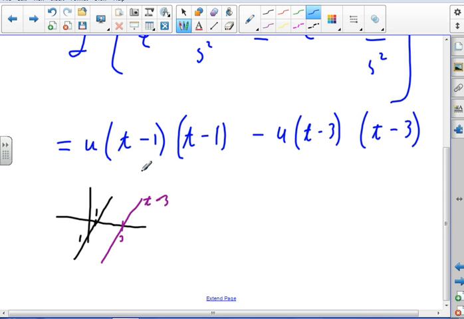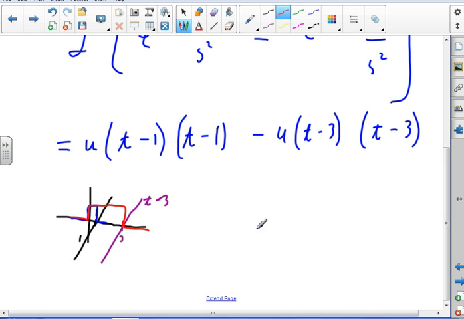And now the unit step function t minus 1 is 0 until I get to 1, goes to 1, and then comes back down. The one of t minus 3 is going to be 0 until I get there, and then it's going to come out to 3 and then go down. Okay, so that's what I've got.